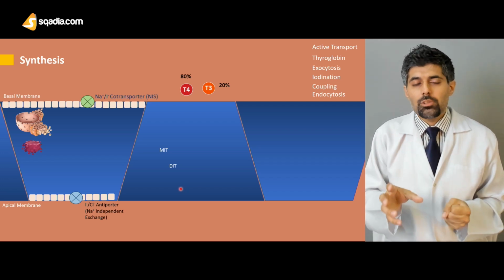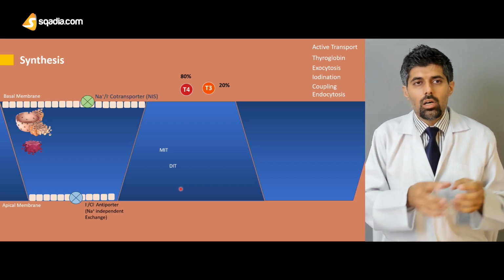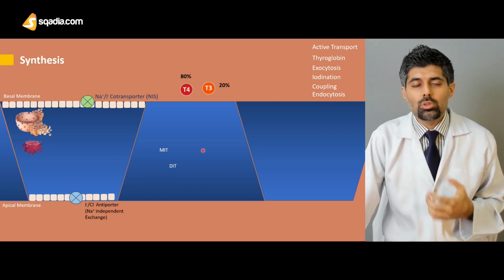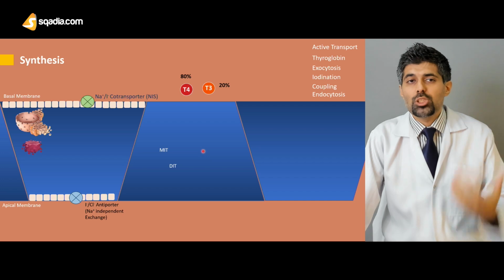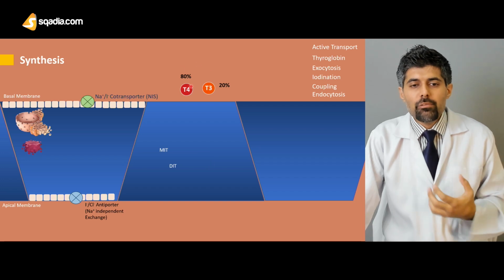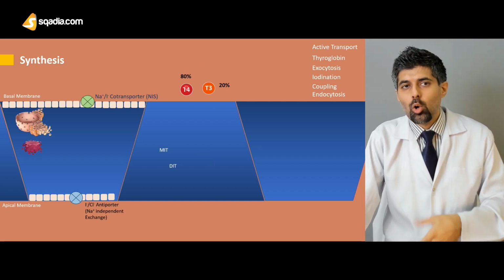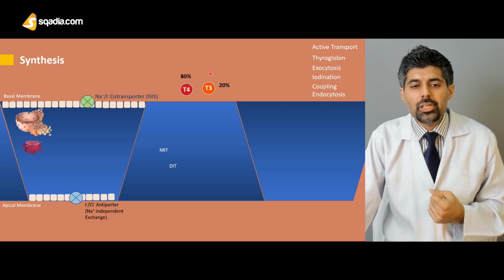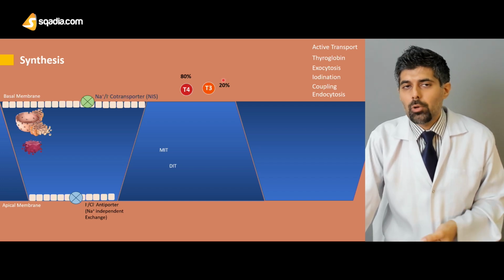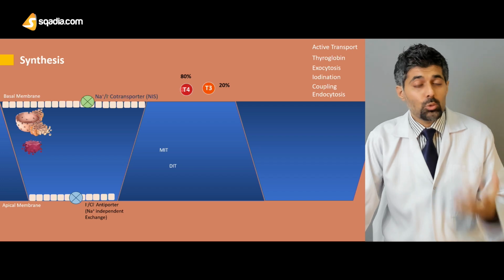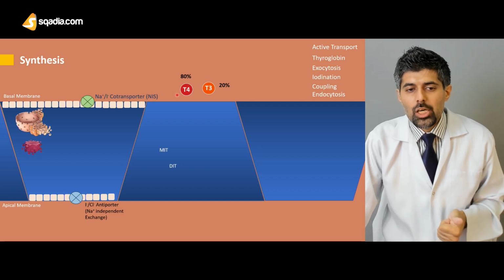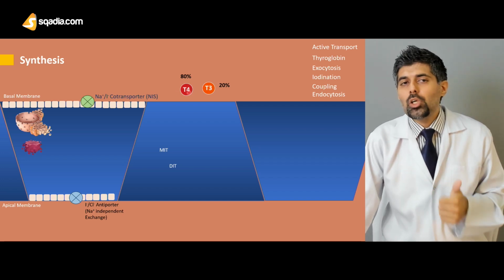Even though it is T3 that does the major work of the thyroid hormones, it is released in lesser amounts because T4 is more stable, but because of its stability, it is less active. So T4 is released as 80% of the total thyroid hormones, while T3 is released as only 20%. Please do note that even though T3 is the active form, T4 is not totally inactive.